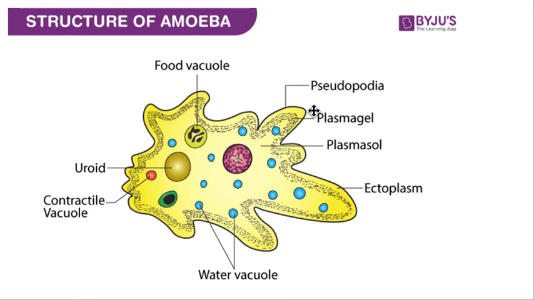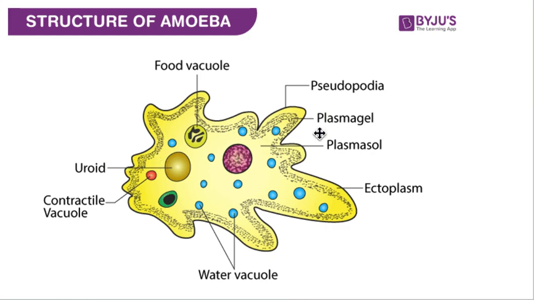Inside there is a gel. Obviously, they also have a cell membrane covering the outside of the amoeba. There's a food vacuole, which secures food and nutrients for them, and a water vacuole, which takes in water.